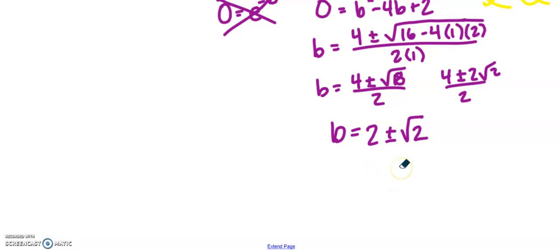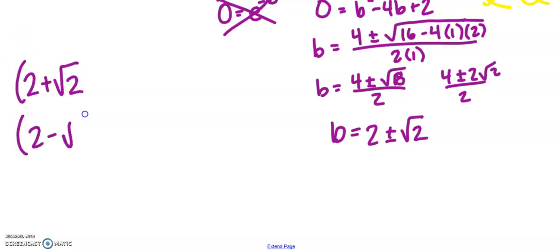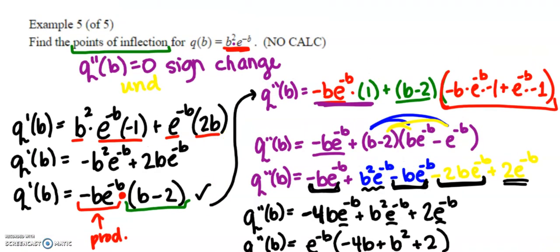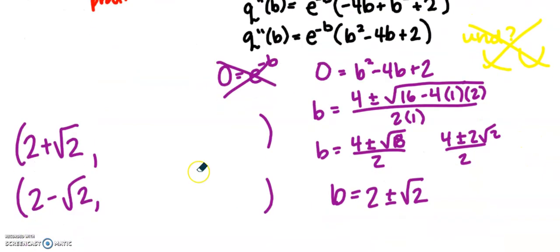We can put these on a number line to confirm. I'm going to let you know that these do in fact count as points of inflection. So we're going to have 2 plus the square root of 2 and 2 minus the square root of 2. A point of inflection is not complete without a y value. How do we get a y value? We always go back to the original, which was this b squared times e to the negative b.